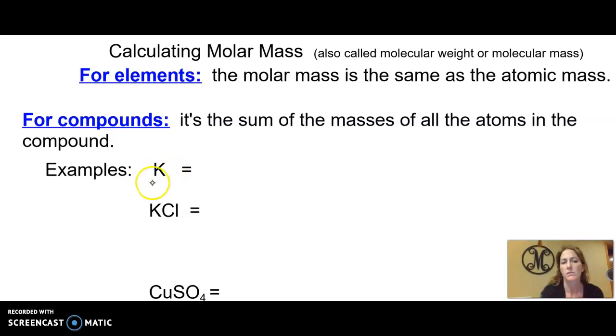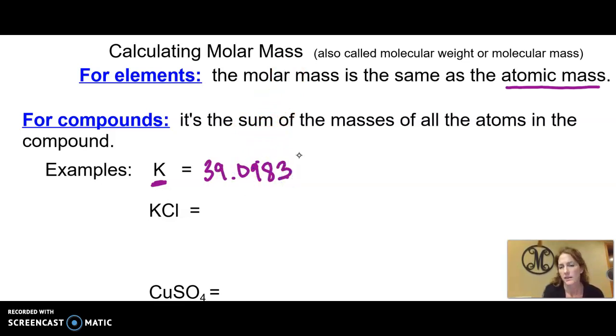For elements like right here, we just have potassium. The molar mass is the same as the atomic mass. So you're going to look at your periodic table. You're going to go to potassium, and potassium has an atomic mass of 39.0983.